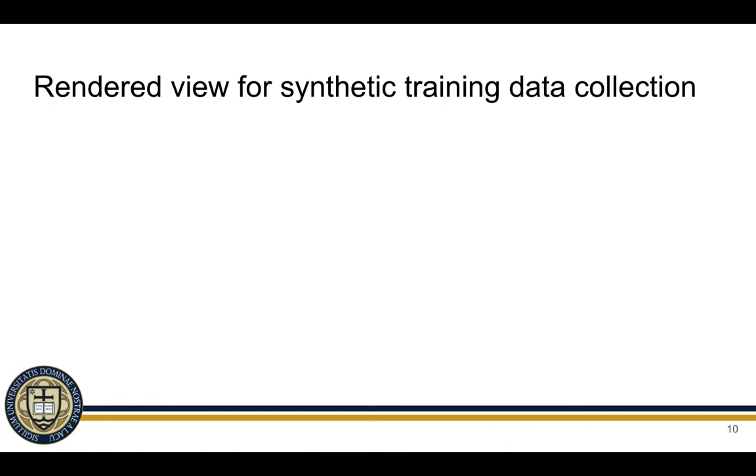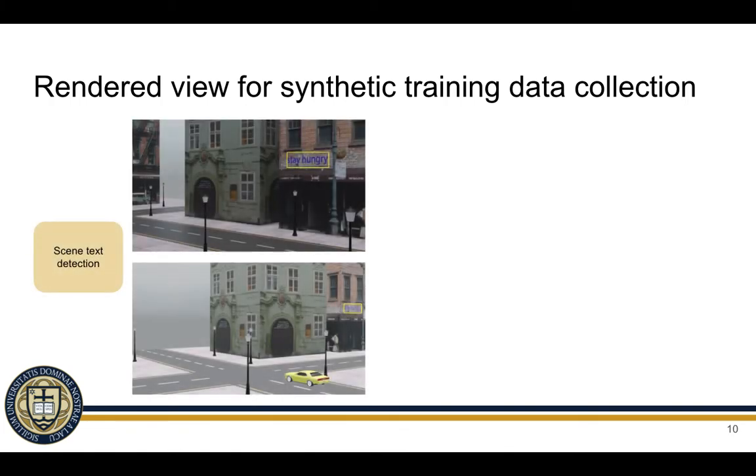After the city has been constructed, we can make use of it by inserting elements according to our needs. For example, we can place text planes on the wall of buildings in the city to generate synthetic training data for text detection tasks. The render engine will create distortion and reflection effects just like in the real world.